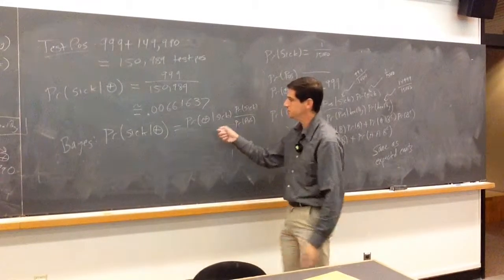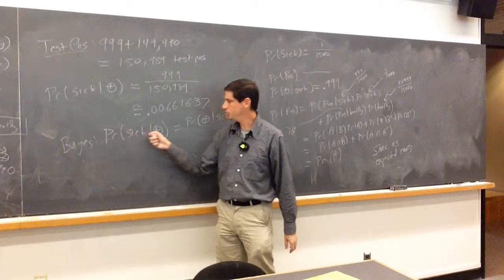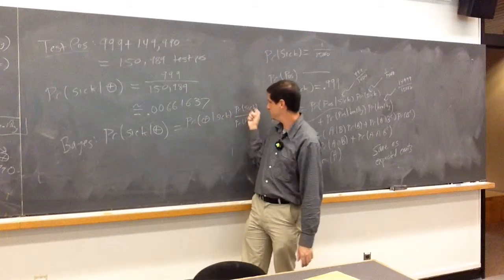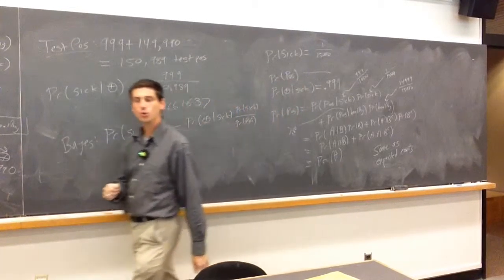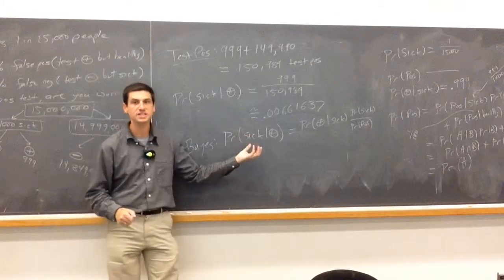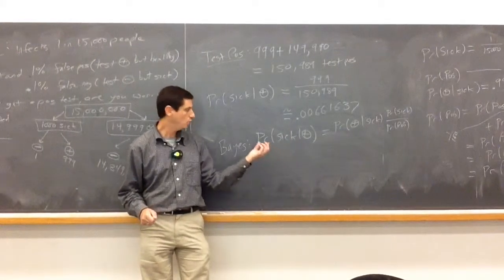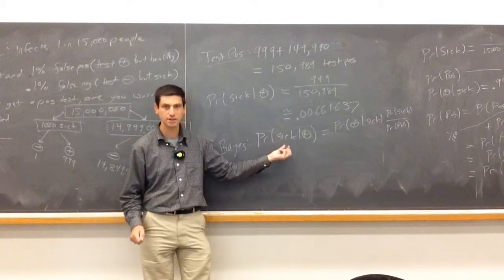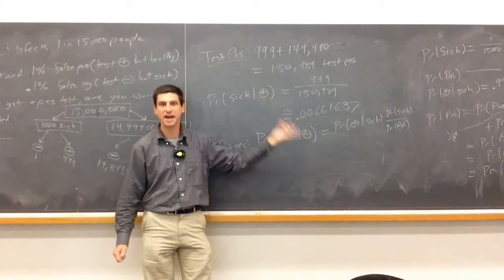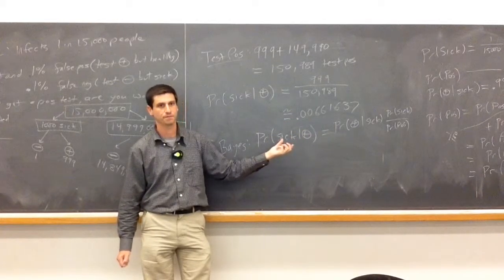We can also use Bayes' theorem and have the probability we're sick given that we're positive in terms of these other events. And this is only useful when these other events are easy to calculate. We want to calculate the probability that we're sick given that we test positive. That's what we care about.